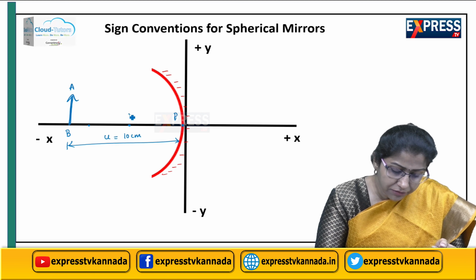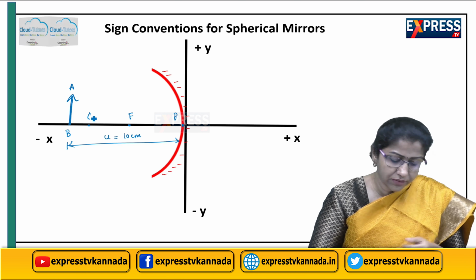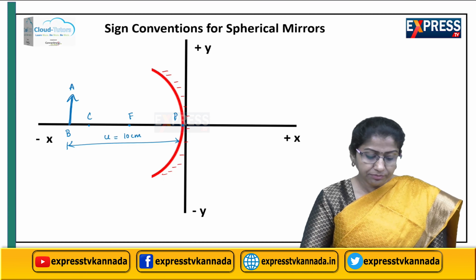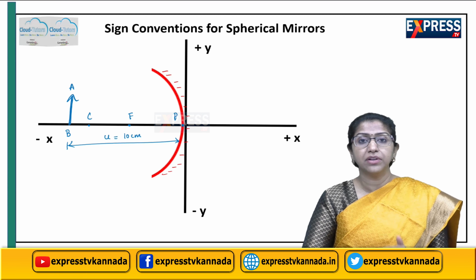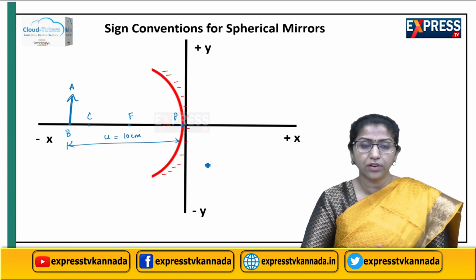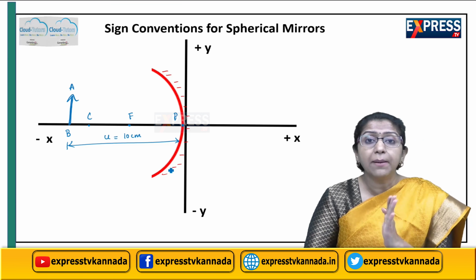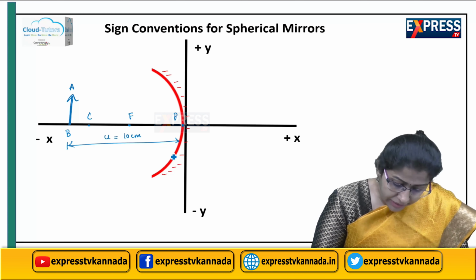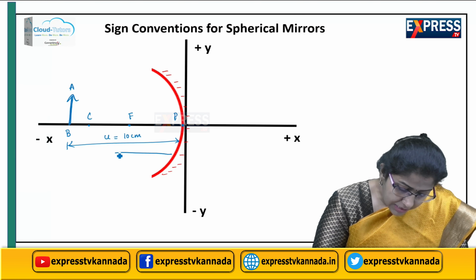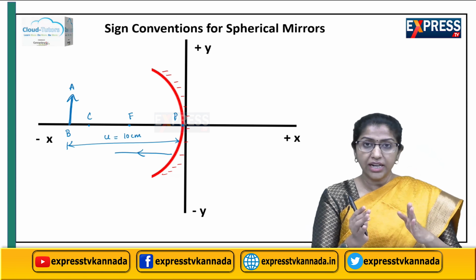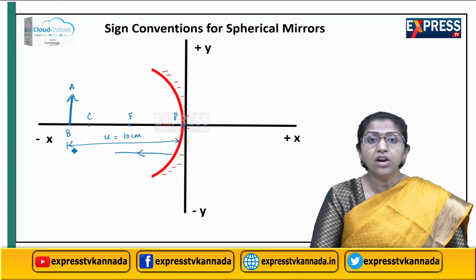Let's mark the focus and the center of curvature for this mirror, again just a rough estimate. So I have to begin from this pole and go in this direction so that I measure the object distance.